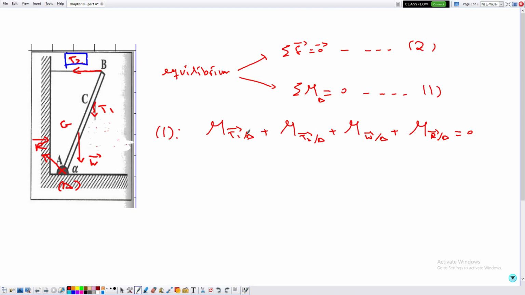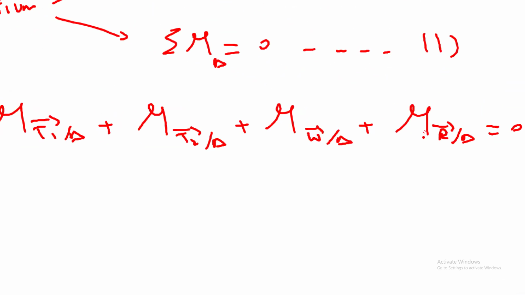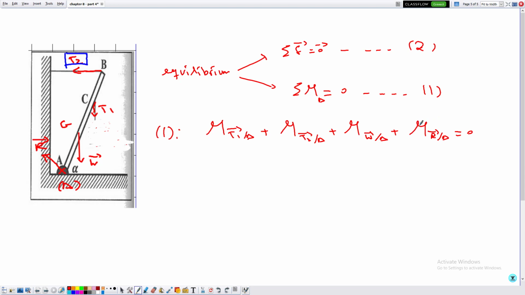So here, what are the unknowns in this case? The unknown is given by the tension T1 and the reaction R. So no need to write this term because this term will be 0.